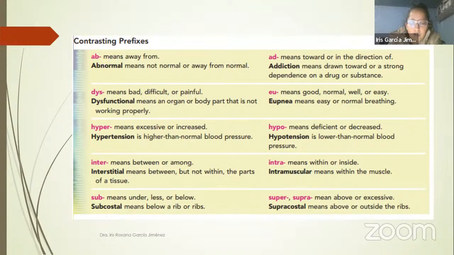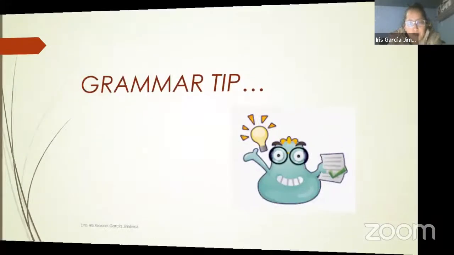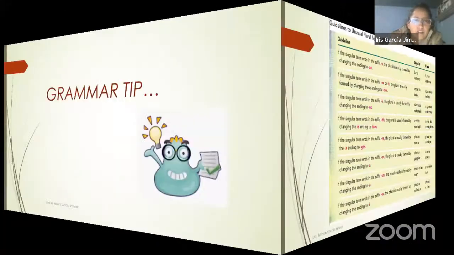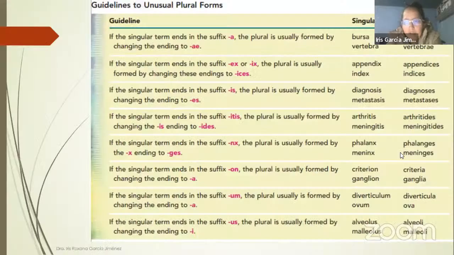As a grammar tip, a very important grammar tip, we have these unusual plural forms. The unusual plural forms, of course, are important in order to not make a mistake while writing down the clinical history or reporting a case. We have the rule, for example, because it's going to be self-study, please, it's a very long picture and we are not with enough time.